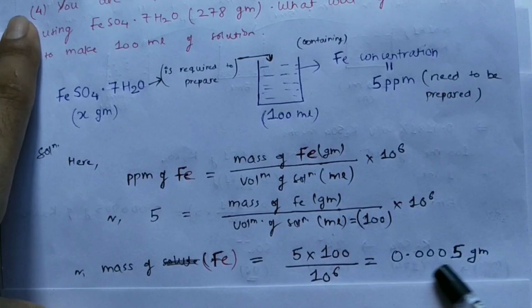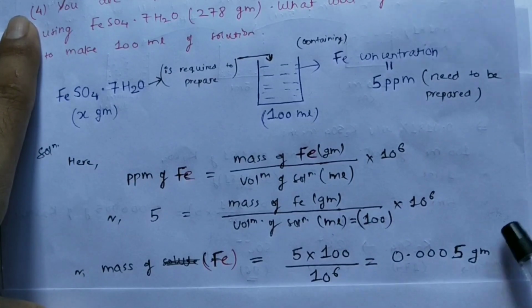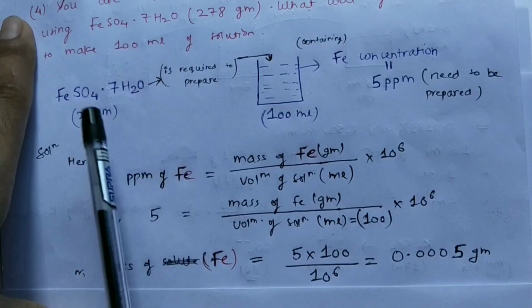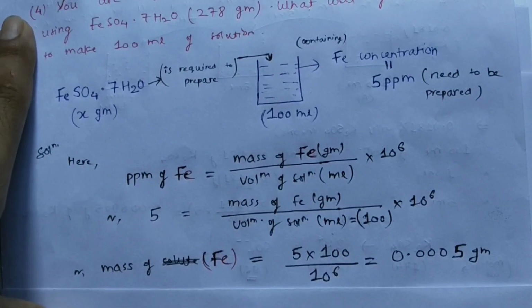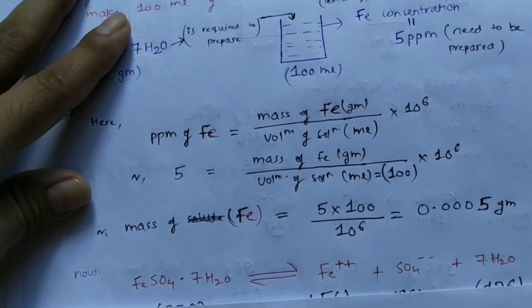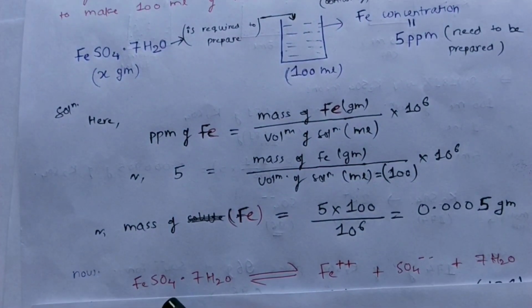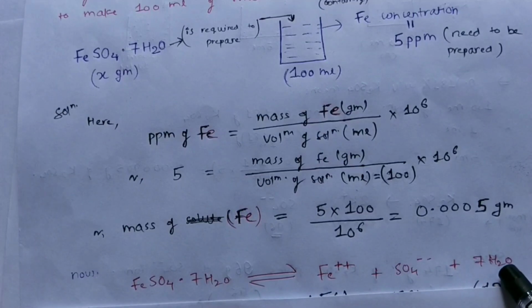Now with this 0.005 gram of iron, we have to find out how many gram of FeSO4.7H2O should be dissolved in 100 ml. So we should know how the FeSO4.7H2O dissociates. It dissociates in this manner: Fe++ plus SO4-- plus 7H2O.